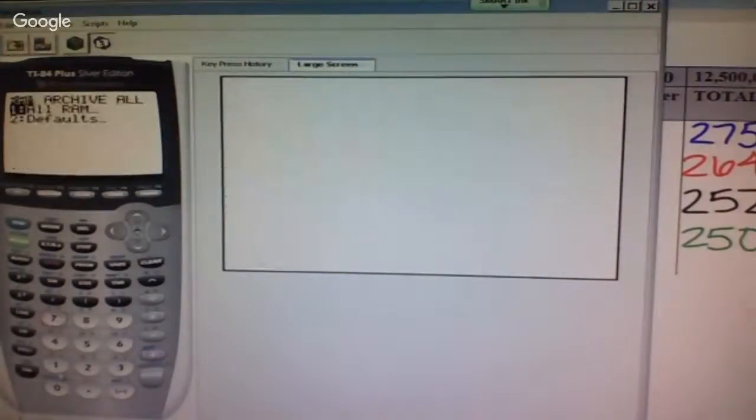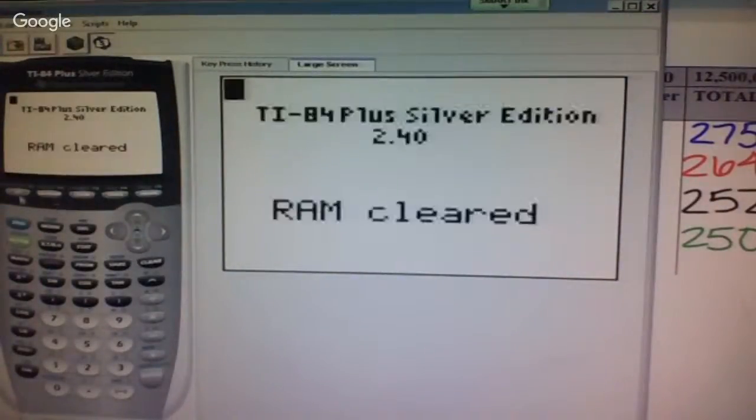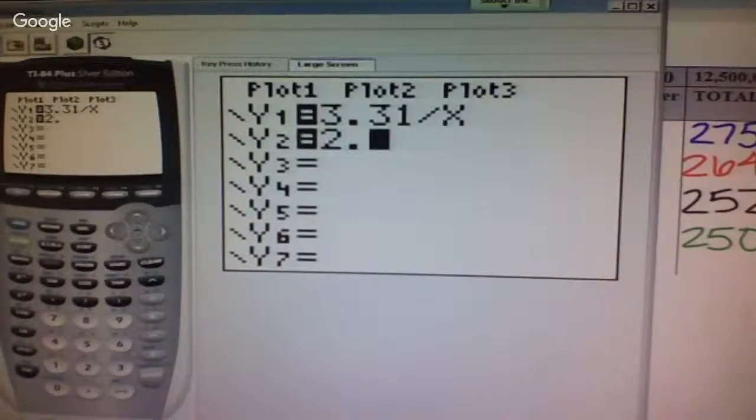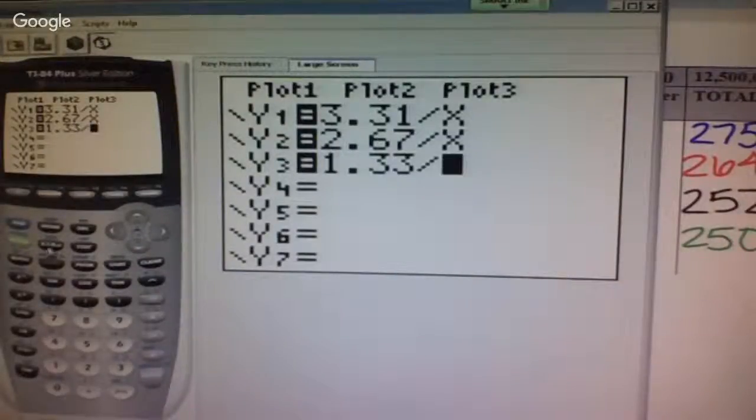Second plus 712. Again, we go back to y equals, so 3.31 divided by x, 2.67 divided by x, 1.33 divided by x, and 0.69 divided by x.